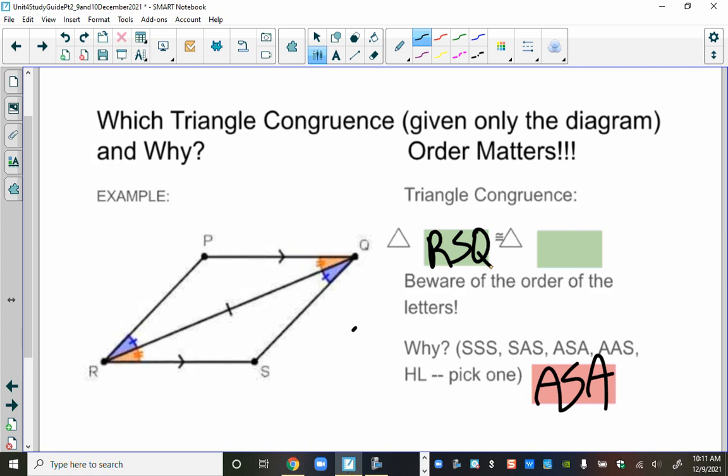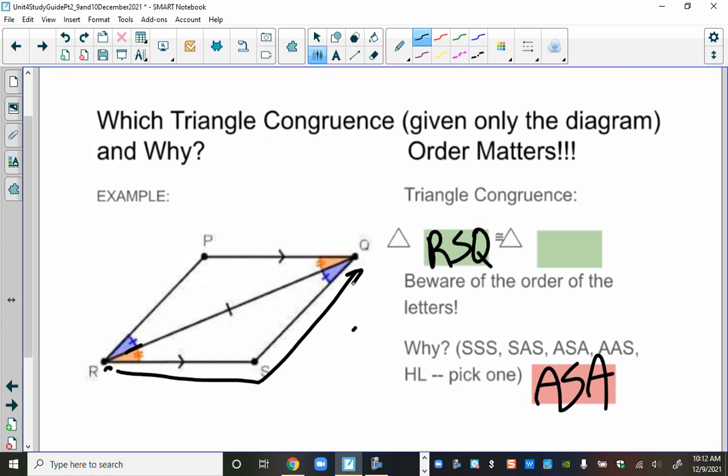So we went from R, S to Q. Now again, he started here, with the S, then he went up to Q. Now, in the second triangle, so we went from the orange to the purple.